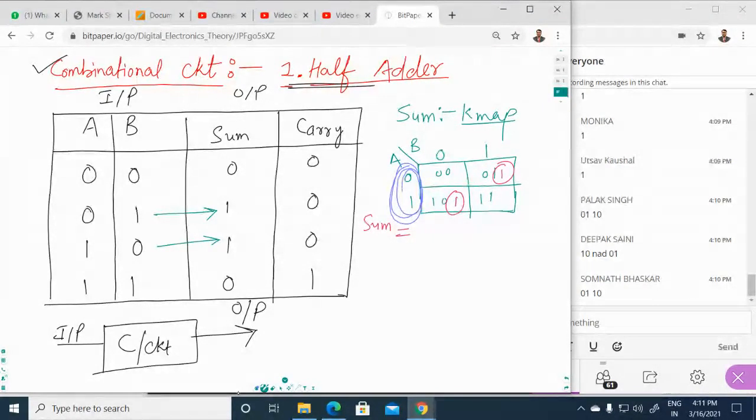So this A is excluded in this case, and you will only get the stable output, so quickly give B.